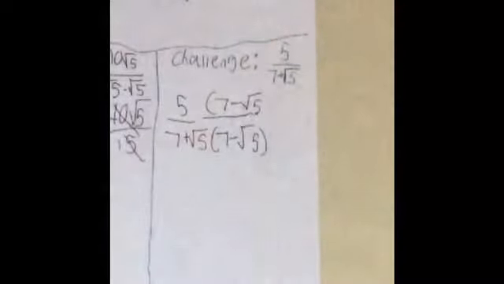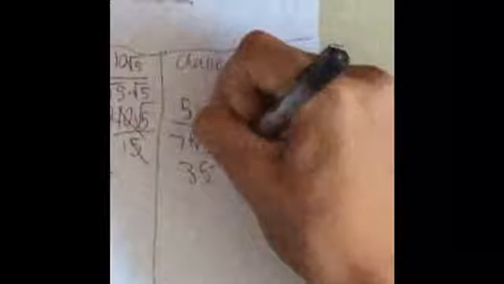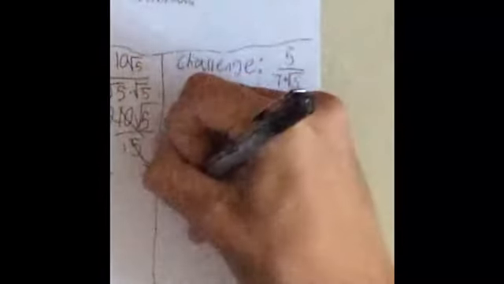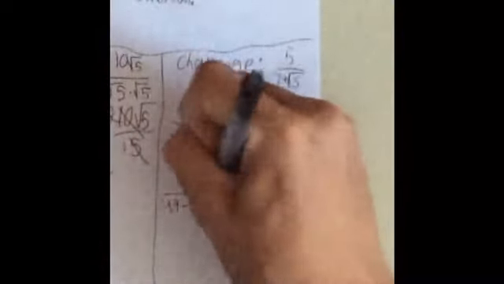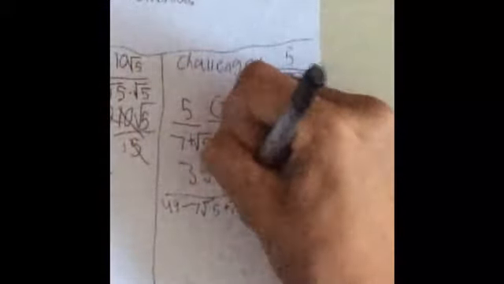This next step is pretty complicated. Once you multiply those, it is going to give you a pretty complicated number. It's going to be 35 minus 5 rad 5 over 49 minus 7 rad 5 plus 7 rad 5 minus 5.